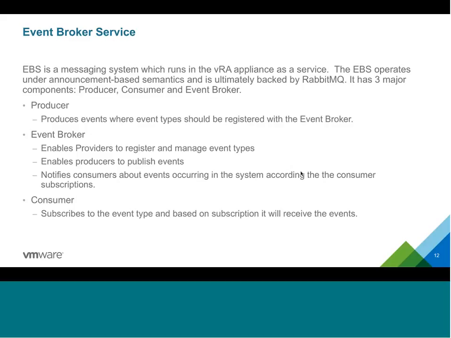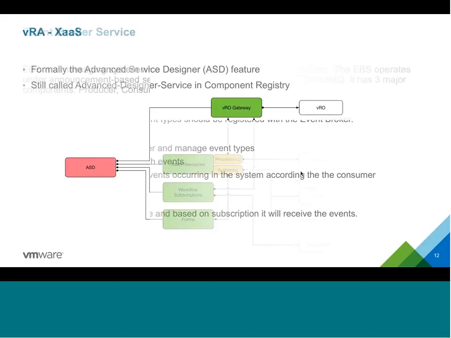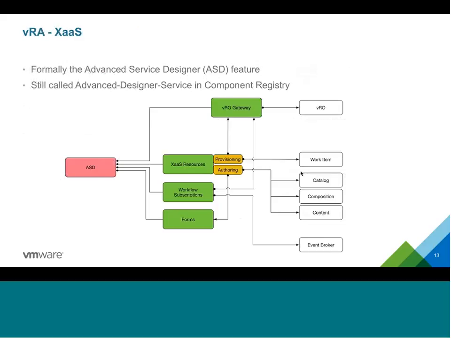Then there is IaaS service, anything as a service. Typically what we used to call Advanced Service Designer in 6.2, in 7.x we call IaaS service. At the back end, it's still called ASD in the component registry.